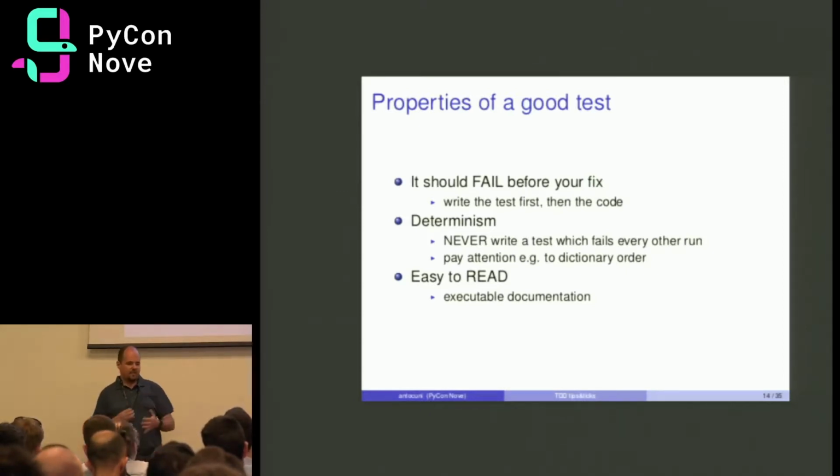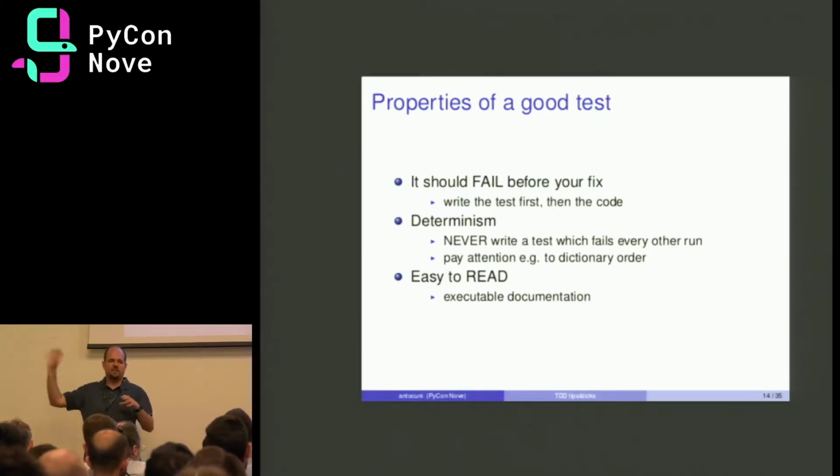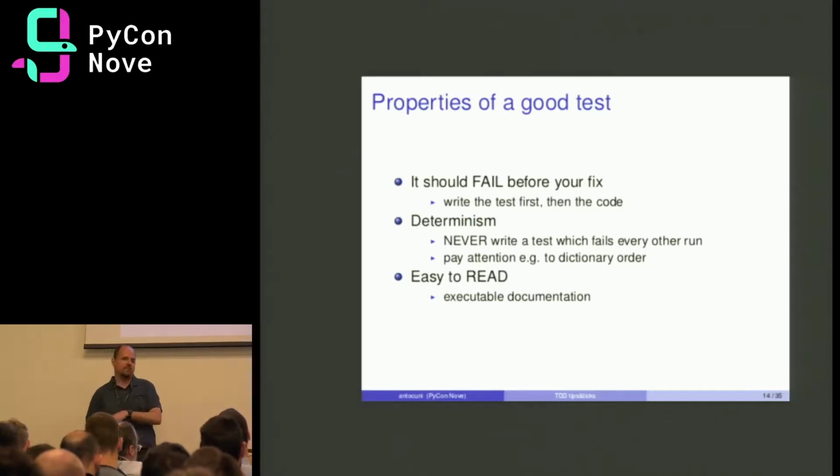So, in this slide, I'm talking about the properties of a good test. Some of them are something that I just said, like the test should fail before the fix. The test should be deterministic. You should never commit a test which fails every other run because it's flaky, because it depends on an external connection, etc. You should really ensure that a test is always passing or always failing.